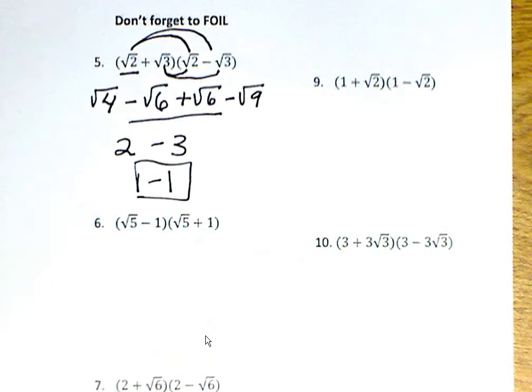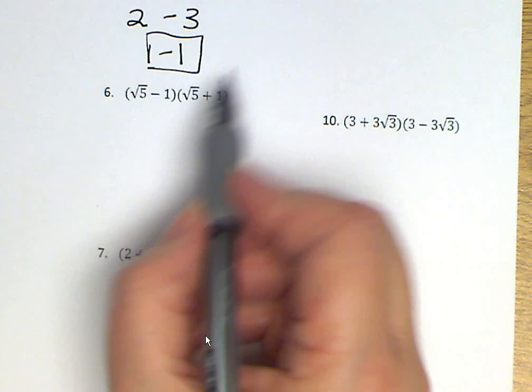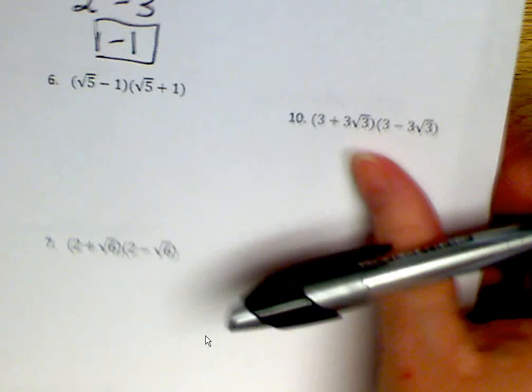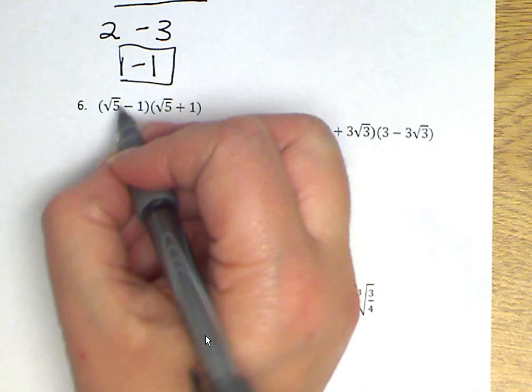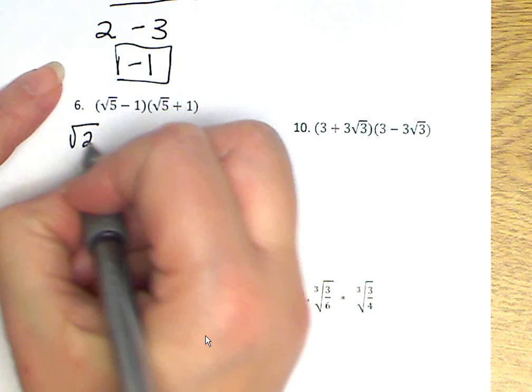All right, I want you guys to try number 6. All right, ladies and gentlemen, eyes and ears now. So you take the square root of 5 times the square root of 5, which gave you the square root of 25.